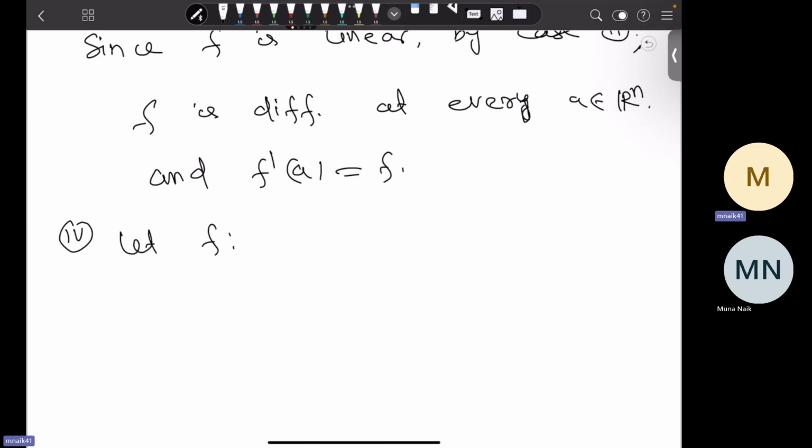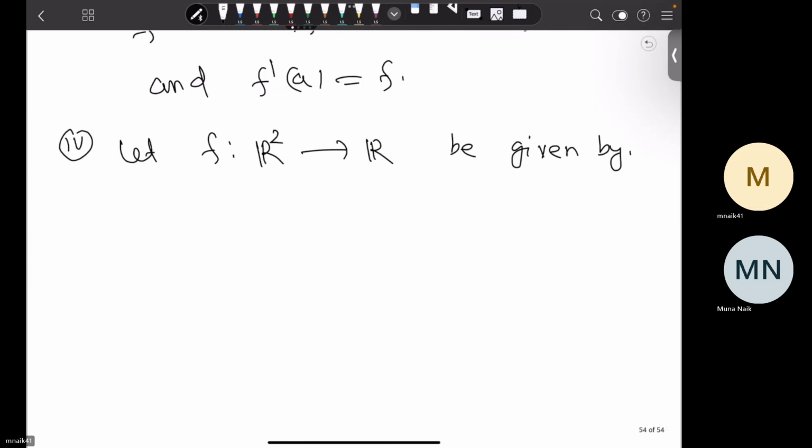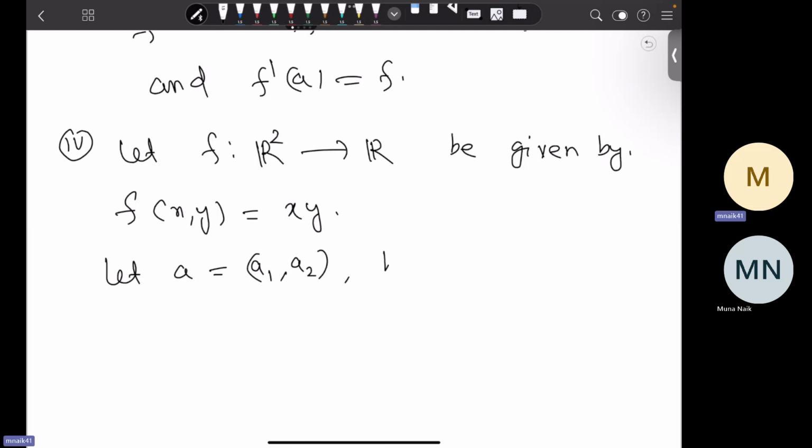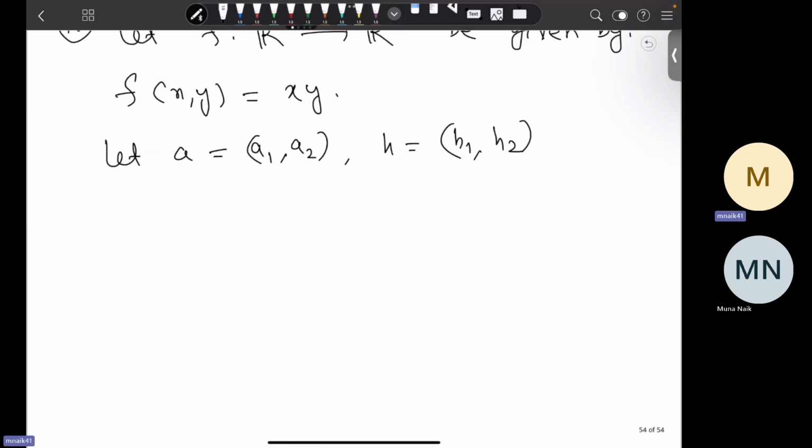Now the fourth example. Let f from R^2 to R be given by f of (x, y) equal to xy. Let a be equal to (a1, a2) and h equal to (h1, h2).